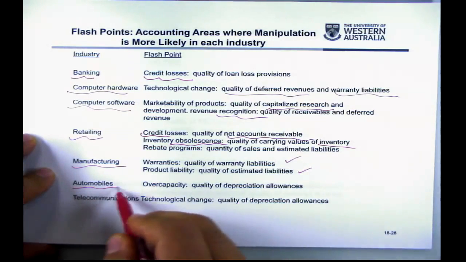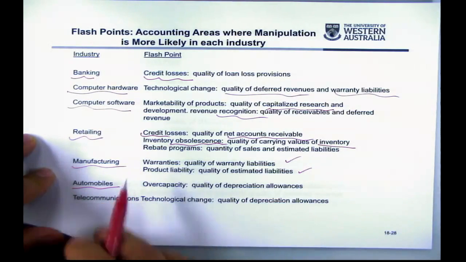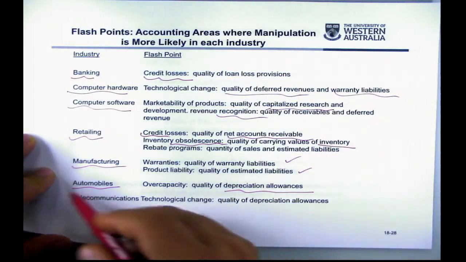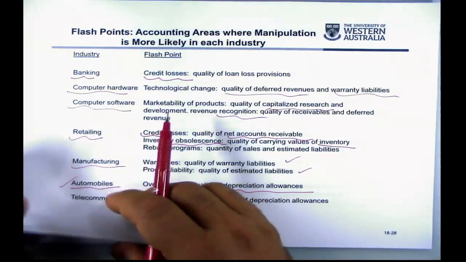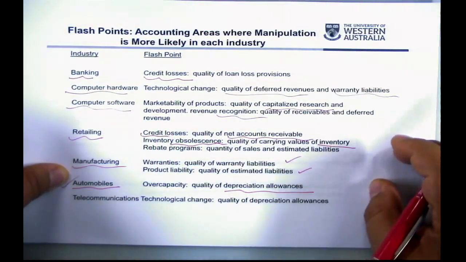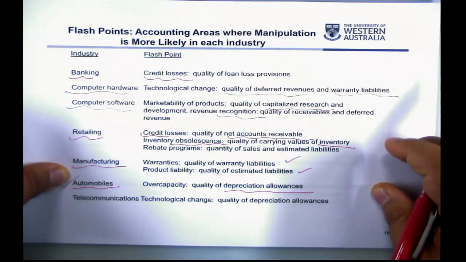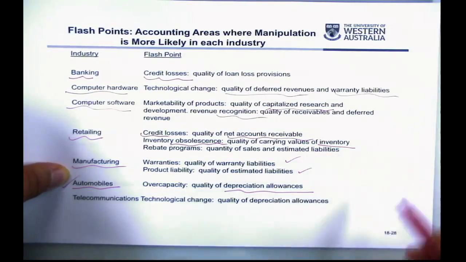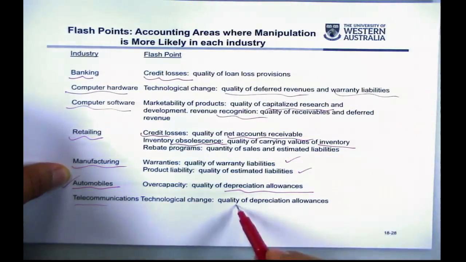In the car manufacturing industries, pay attention to the depreciation allowances, because these firms are usually capital intensive, so they have a lot of depreciation charges. So it is in their best interest to minimize this substantial expense. Telecommunication company, again, pay attention to the depreciation allowance.